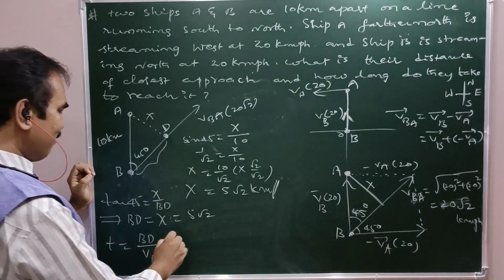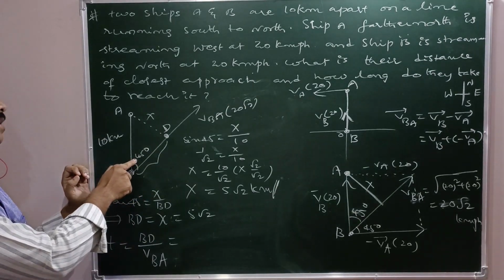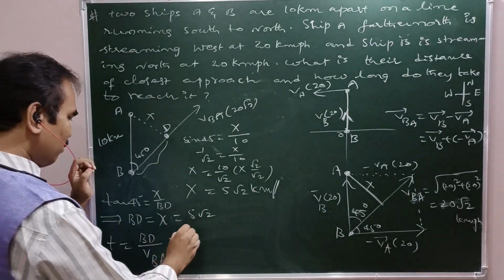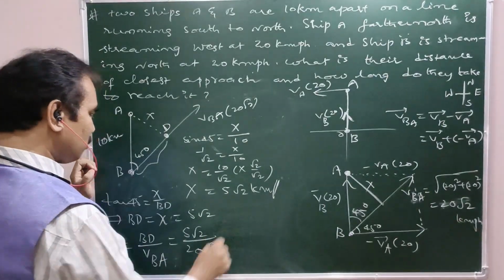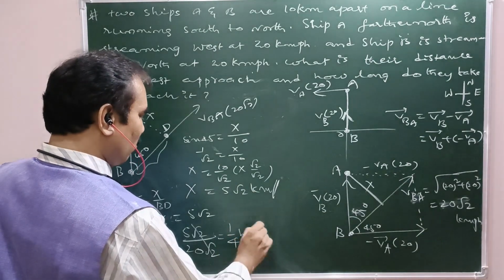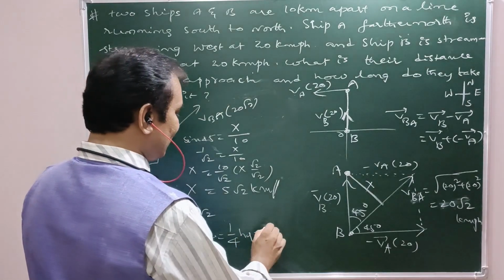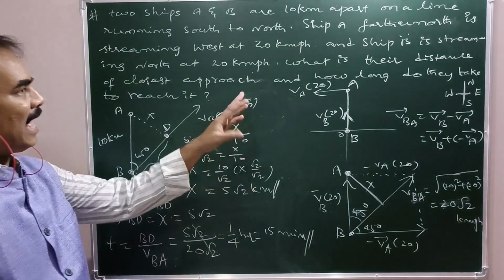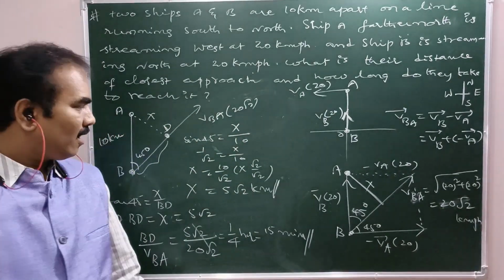BD equals x in this case, because the angle is 45 degrees and these two are the same sides. So BD means 5 root 2 divided by VBA, which is 20 root 2. The 20 root 2 cancels. 5 by 20 means 1/4 hour, which is 15 minutes. So within 15 minutes they have the closest distance of approach.